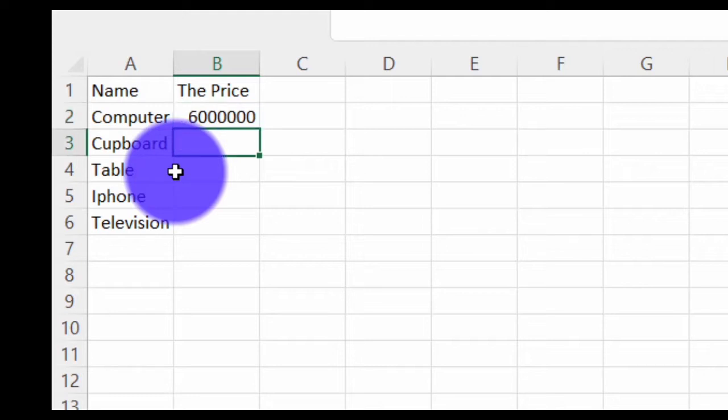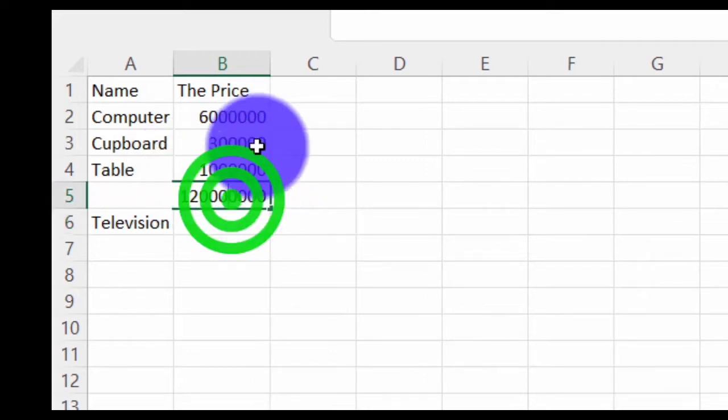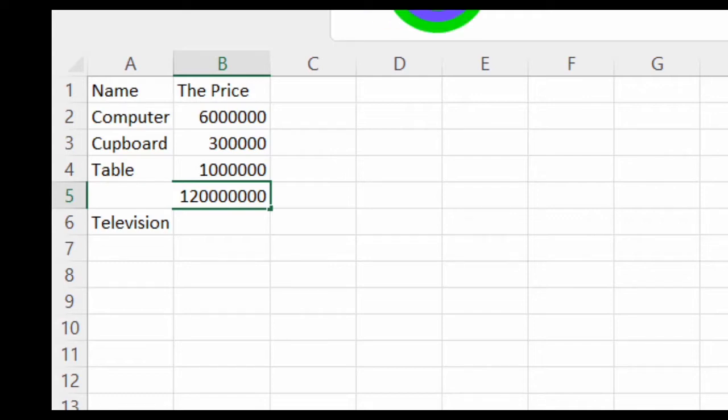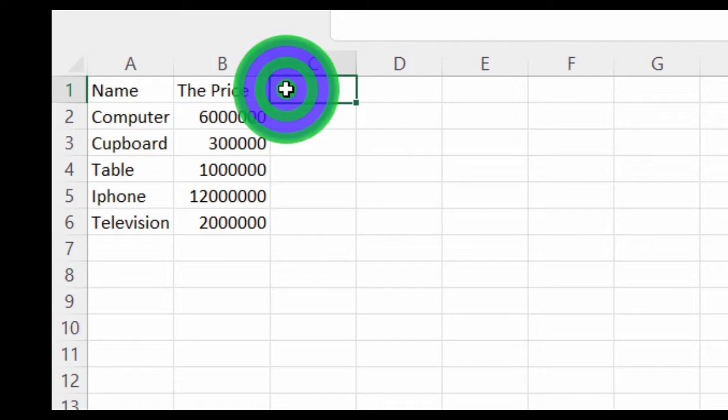And then cupboard 300,000, and table maybe 1 million, and then iPhone is 12,000. And then television is 2 billion. Okay, and then the quantity.